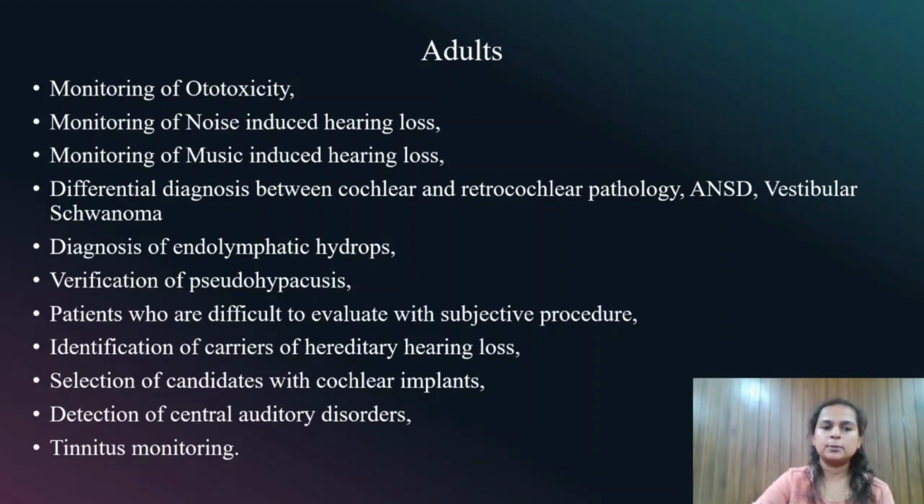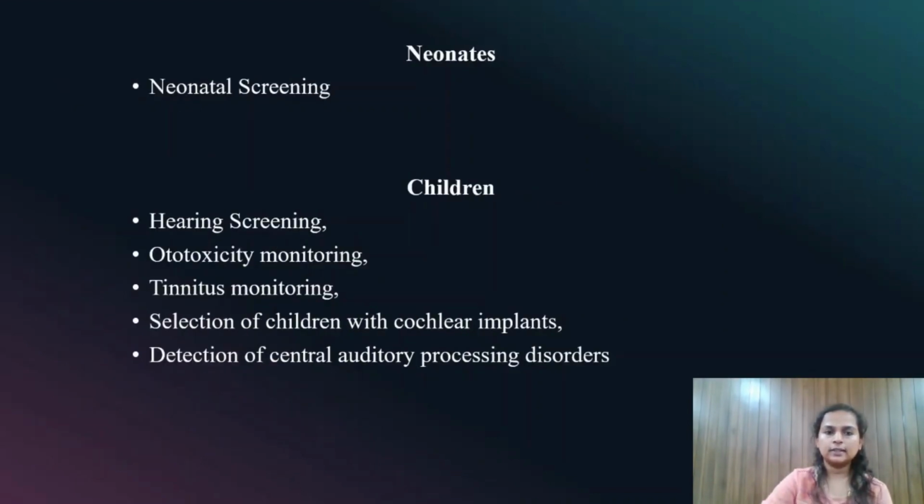They also help diagnose endolymphatic hydrops, verify pseudohypoacusis, evaluate patients who are difficult to assess with subjective procedures, identify carriers of hereditary hearing loss, select candidates for cochlear implants, detect central auditory disorders, and monitor tinnitus. In neonates, neonatal screening. For children, hearing screening, ototoxicity monitoring, tinnitus monitoring, selection of children with cochlear implants, and detection of central auditory processing disorder.